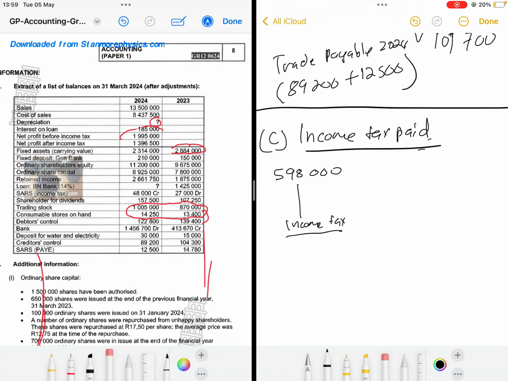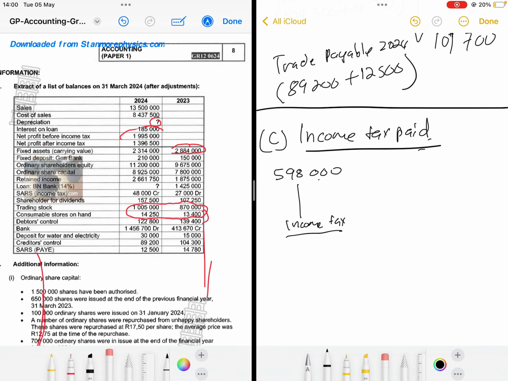Now let's check if SARS last year was owing me. If SARS was owing me last year, obviously I have to reduce this tax for this year. If I was owing SARS, it will make an addition. I have to pay the last year debt together with the current tax.